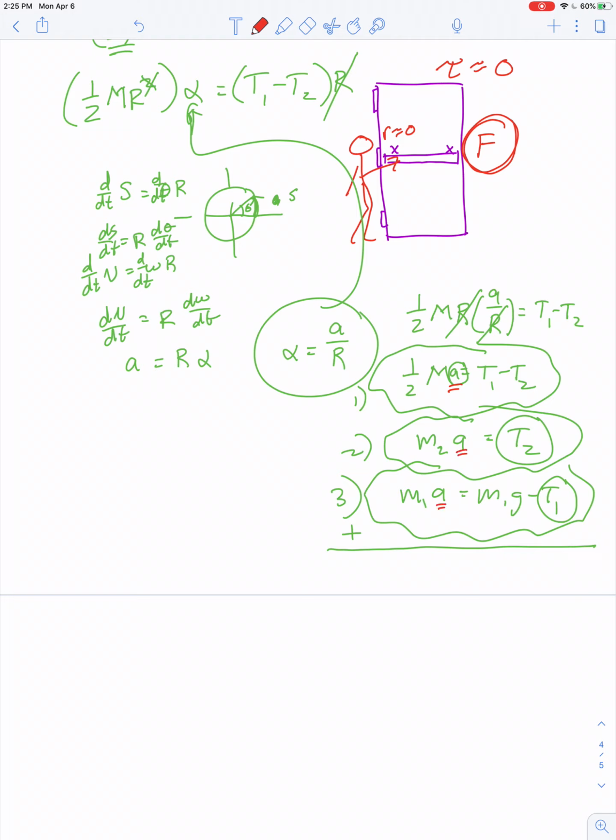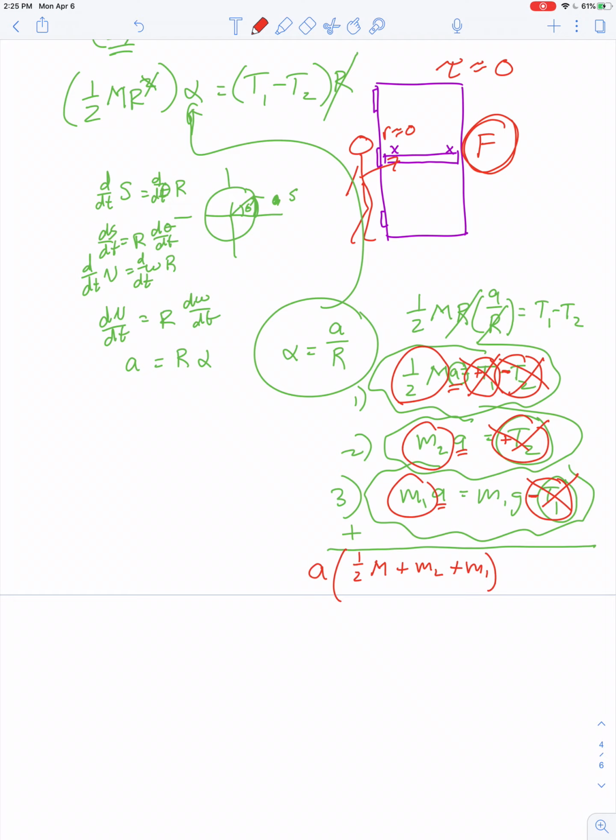So when I add them all up, I could just factor out that A. So I'm going to have A times 1/2 capital M plus M2 plus M1. And then look at this. I've got a positive T1 and a negative T1. So those cancel out. I've got a negative T2 and a positive T2. So those cancel out. So I just got rid of 2 unknowns.